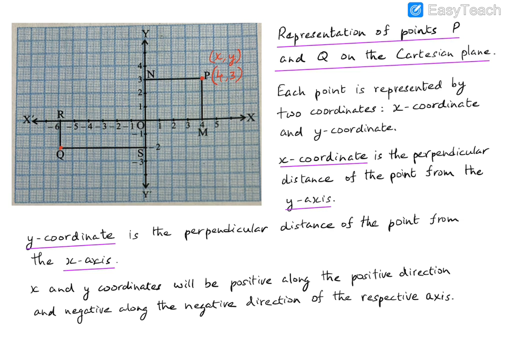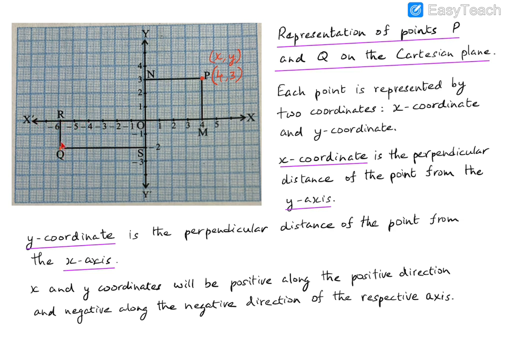Okay, so similarly we can find what are the coordinates for the point Q. So the x coordinate for the point Q: from the point Q, if we draw a perpendicular line to the x-axis and see where it meets on the x-axis number line, that will give us the x coordinate for the point Q. So from Q, we are going to draw a perpendicular line meeting with the x-axis.